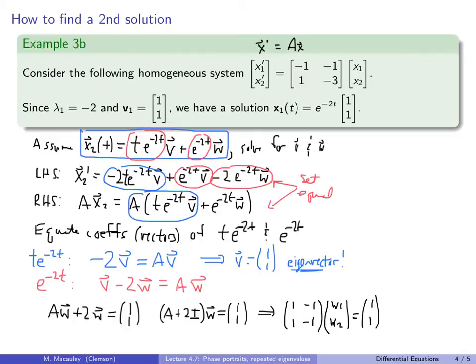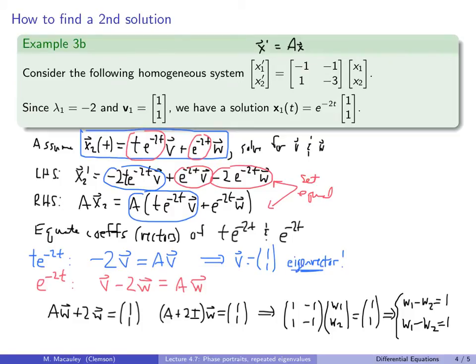This says that w1 minus w2 equals 1, and it says that twice. So this is the system: w1 minus w2 equals 1.